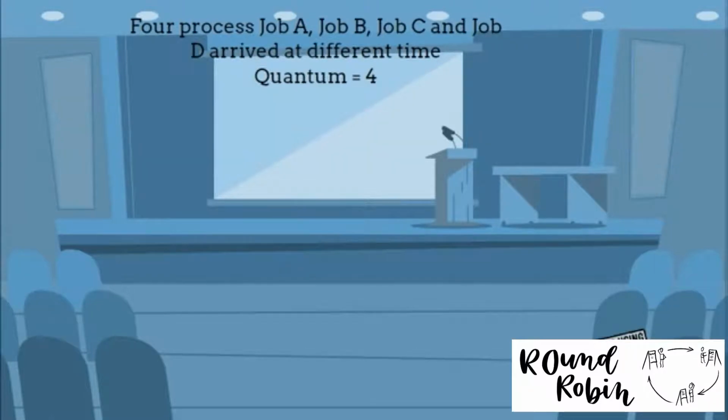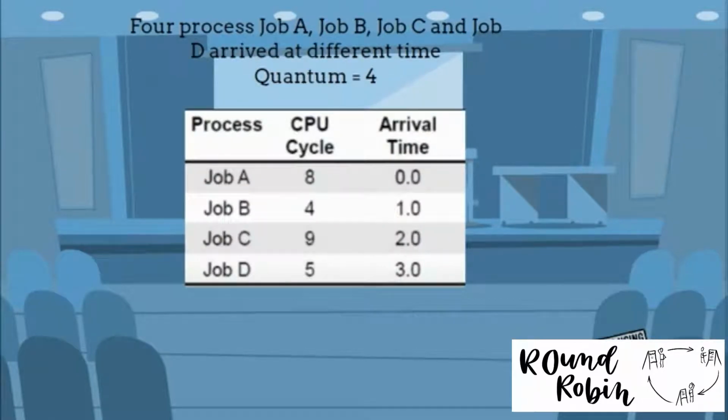For processes, jobs A, B, C, and D arrived at different times and the quantum time is 4 milliseconds.